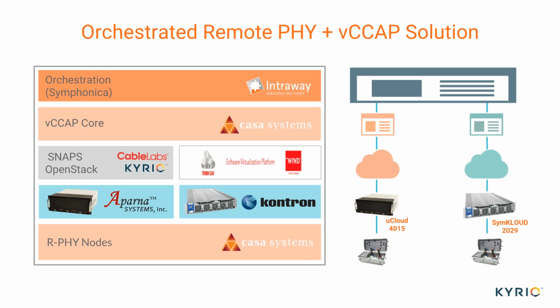The SimCloud 2029 from Contron AG and the MicroCloud 4015 from Aparna Systems. At 2U and 4U respectively, these are powerful enough to run data center workloads, and they're compact enough to fit into a wiring closet.